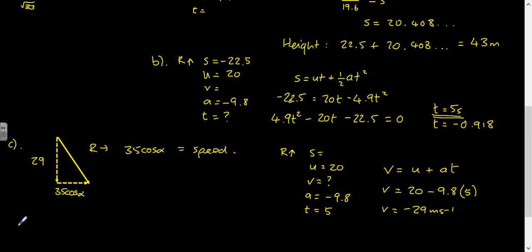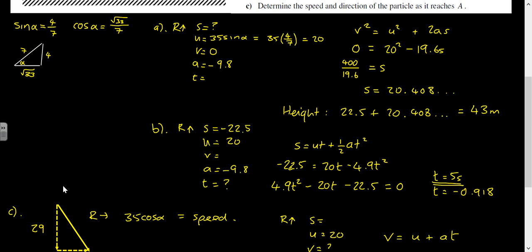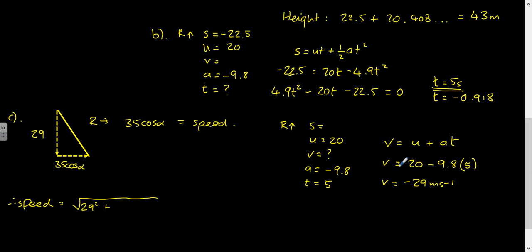So we'll use Pythagoras theorem, and we'll say that the speed is going to be equal to the square root of the 29 squared plus the 35 cos alpha squared. Now 35 cos alpha was our 35 multiplied by root 33 over 7, which is 5 root 33.